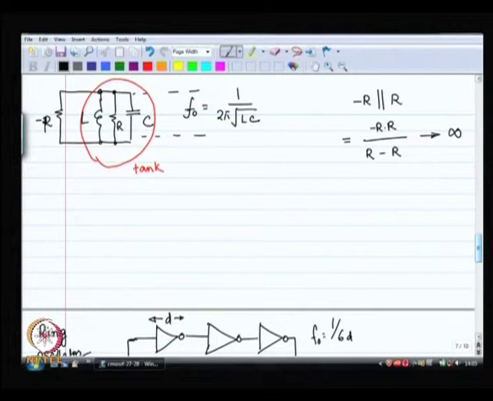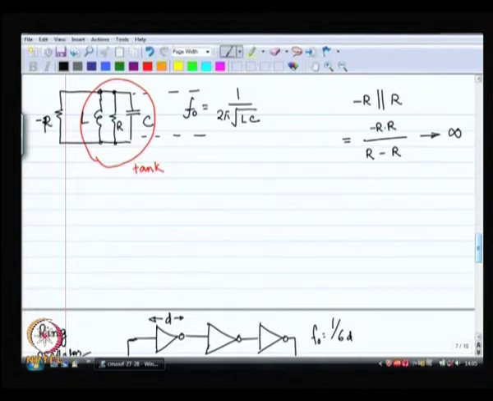And an inductor in series with resistance can be transformed to an inductor in parallel with resistance. So, I am basically lumping it as an inductor in parallel with some resistance, and this is the most basic form of a tank, and this is the most basic form of an oscillator.